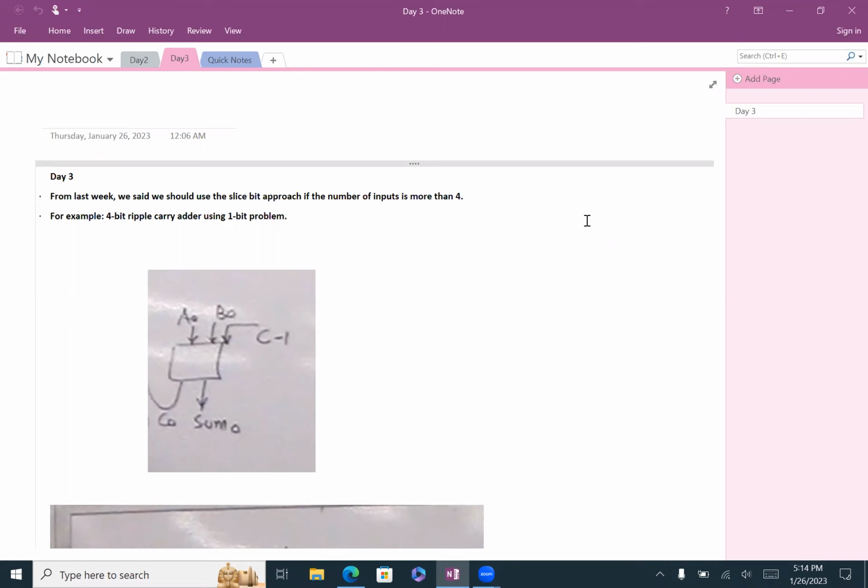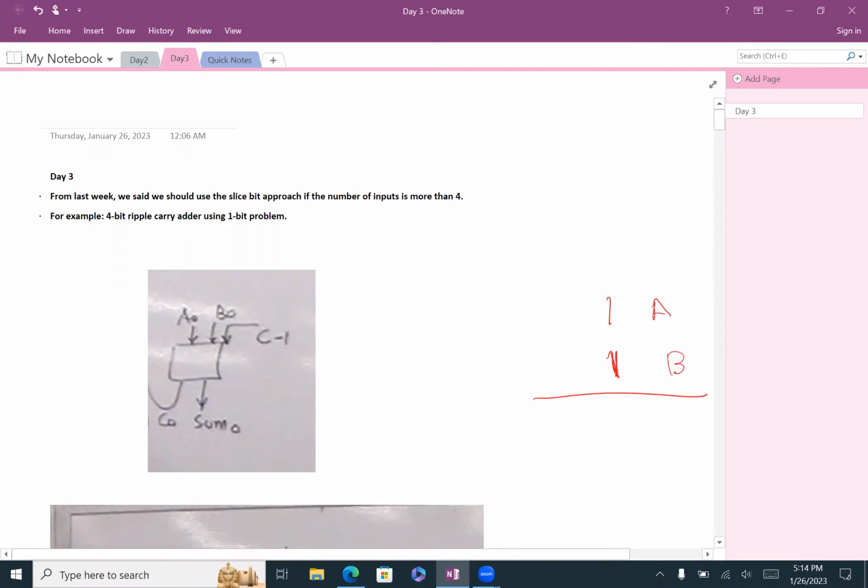So for the 1-bit adder, remember when we did the 1-bit adder, if you're trying to add 2 numbers, what is the extreme scenario here? What's the highest value? It's 1 and 1. If you add A and B, the result will be sum and carry, so here it's going to be 0, 1.